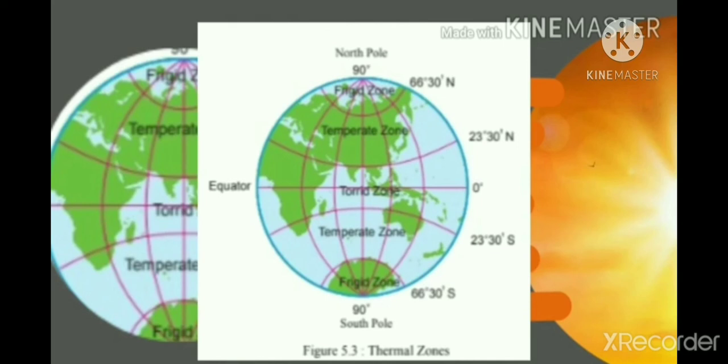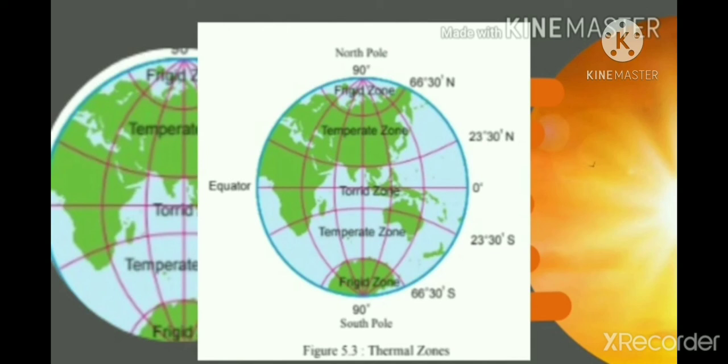As we go from equator to the north part or equator to the south part, the temperature will be decreasing. But in the equator part, the temperature will be extreme. Okay. Based on this, they have divided the areas into torrid, temperate and frigid zone, or it is also called tropical, temperate and polar regions.